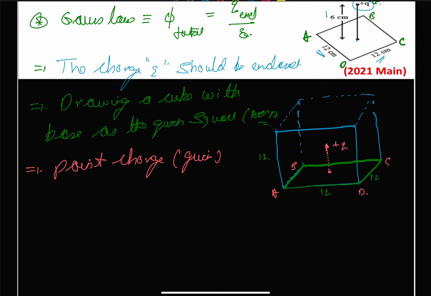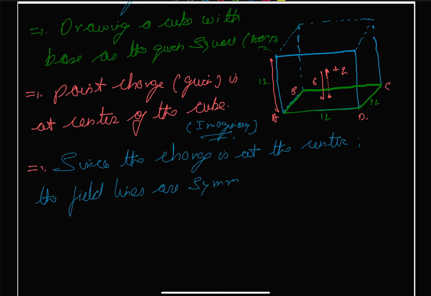Therefore we can say that since the charge is at the center, the electric field lines are symmetrically distributed through all 6 faces of the cube.